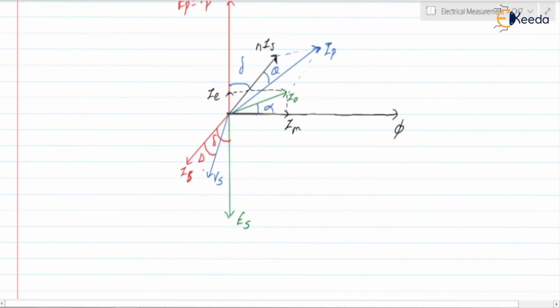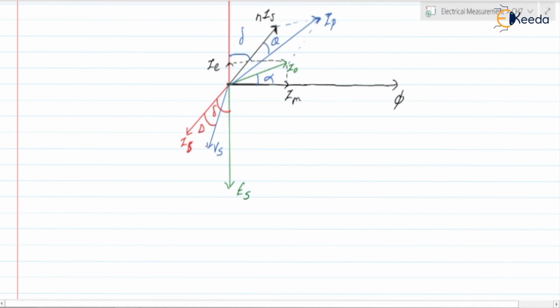Right. Next, in addition to Vs, we will be having the drops across RS and XS. The drop across RS will be in phase with the IS, so in parallel to RS we need to draw. So it is like this.